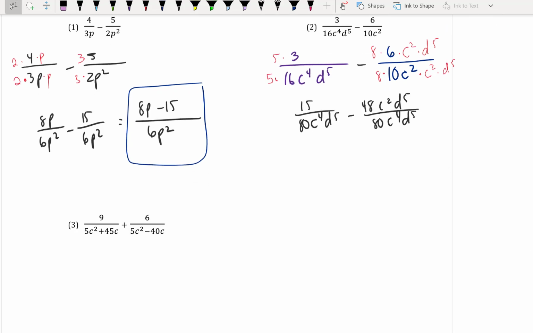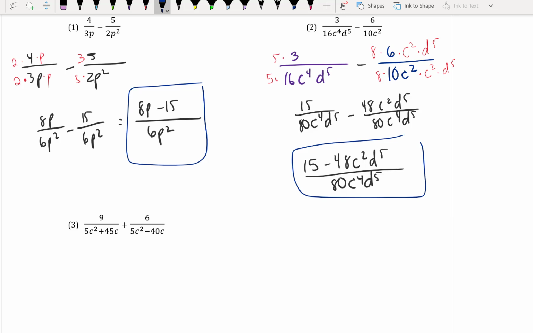So because it's subtraction, I'm going to have 15 minus 48 c squared d to the 5th over 80 c to the 4th d to the 5th power. 15 and 48 definitely have a 3 in common, but 80 cannot be divided by 3. So I'm going to say that is as far as you can go here.